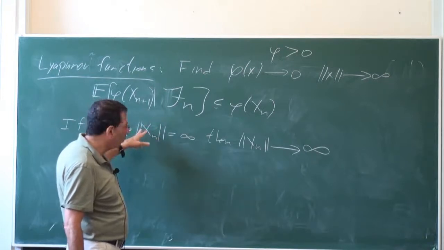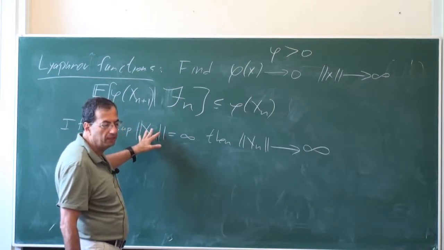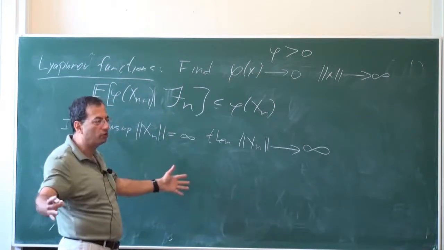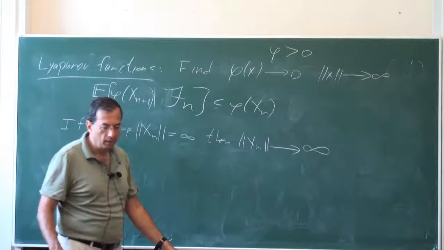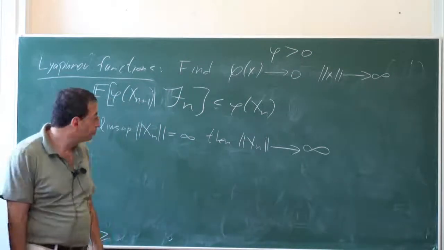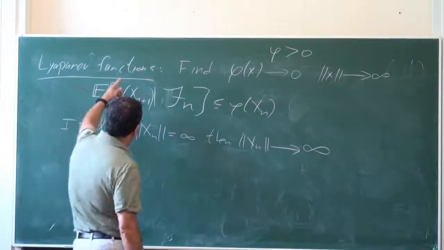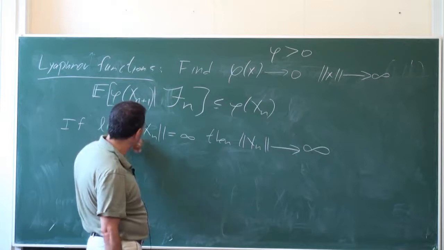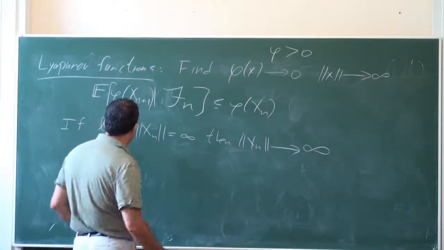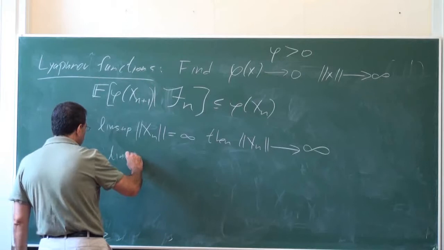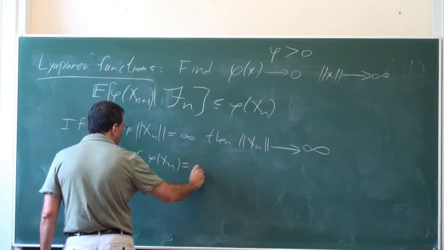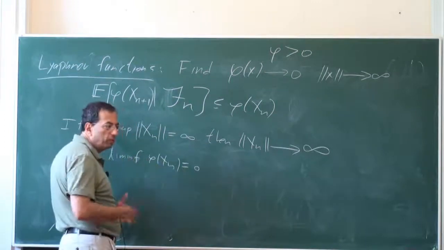For all our processes, the fact that the lim sup is infinity is almost trivial just by calculating the variance, because the variance grows to infinity, so it's impossible that the process will stay bounded. The reason this lemma is true is again supermartingale convergence, because this assumption means that the lim inf of phi of X_n will be 0, but phi of X_n is a positive supermartingale.